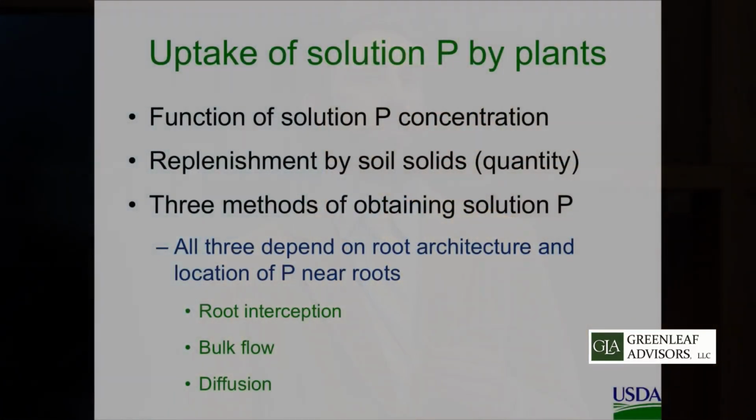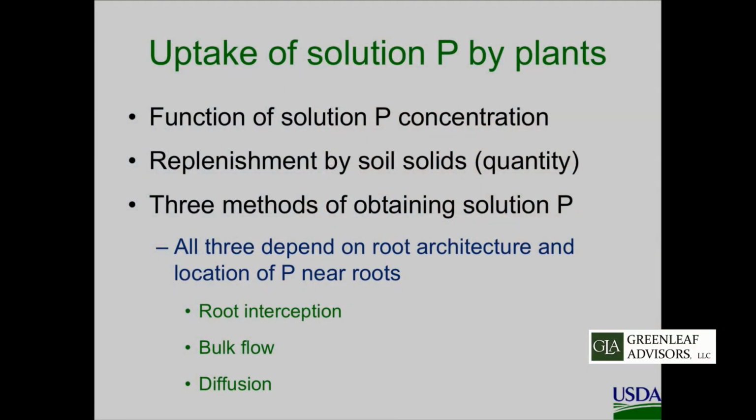And we need to keep in mind there's three methods that plants can use to take up solution phosphorus. All three of those means of uptake are dependent on root architecture and the location of phosphorus being near the roots. Because phosphorus is so immobile, it has to be near the roots for plants to take it up. That's why we band phosphorus often.